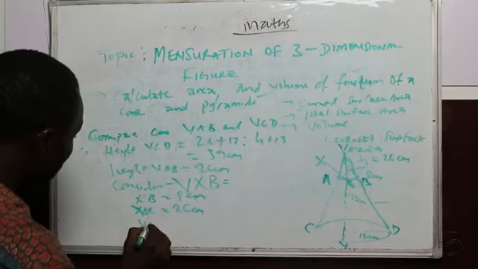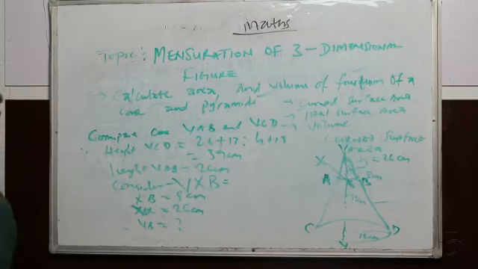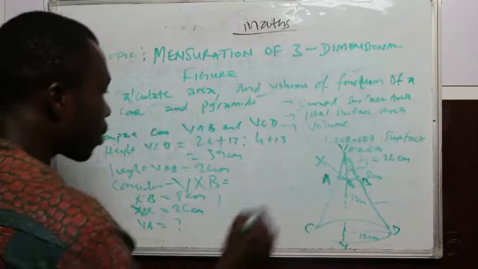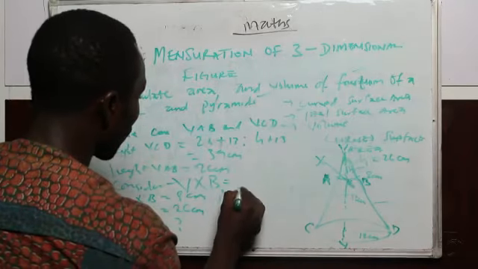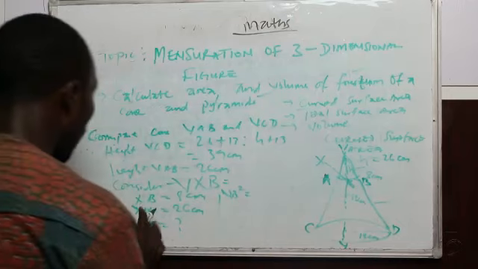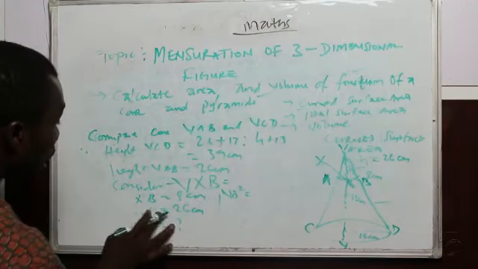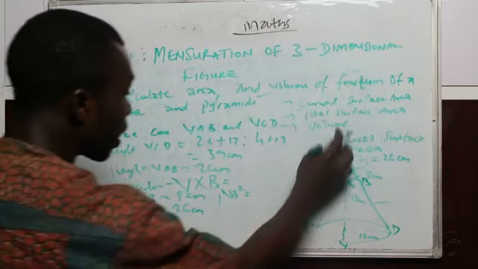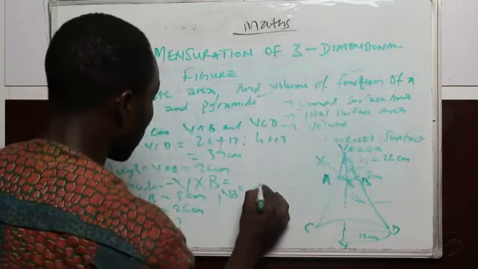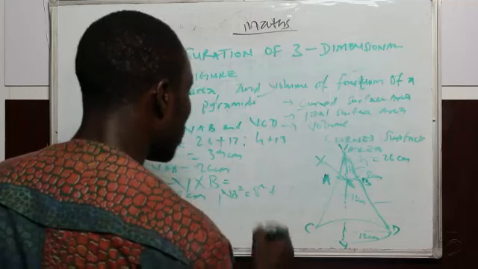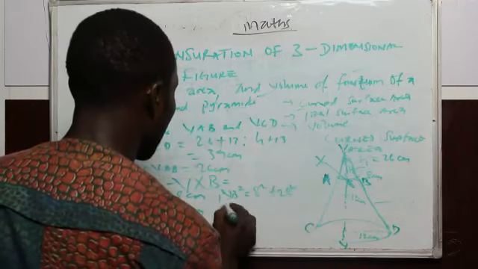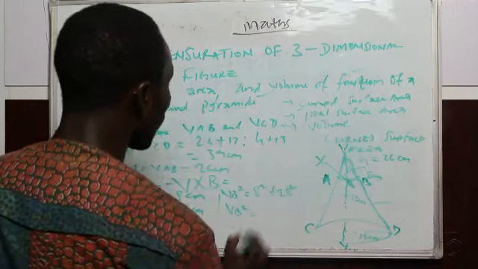Then our phi p is the question mark. We now use Pythagoras theorem to find it. Therefore, phi p square equal to xp, which is 8 centimeter square, plus phi x, which is 26 centimeter square.